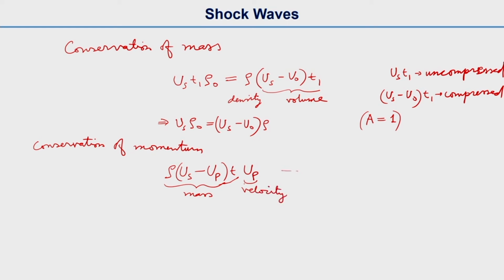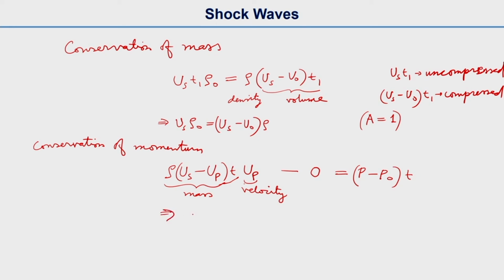So this is the final momentum, and the initial momentum is 0 because the piston is at rest. It is equal to the impulse, which is the final pressure minus the initial pressure multiplied by T.